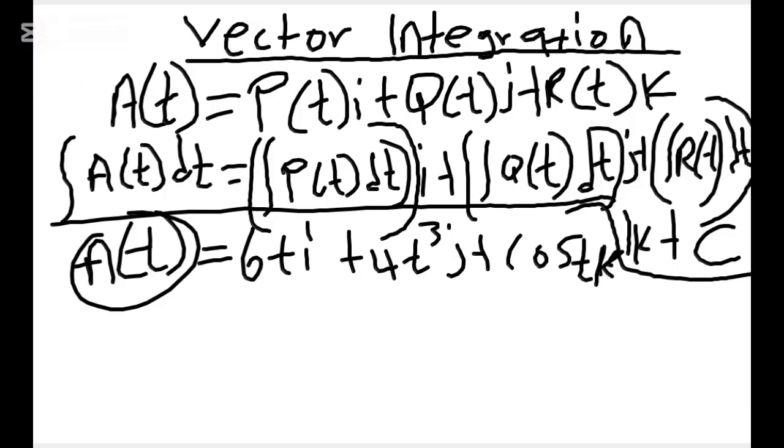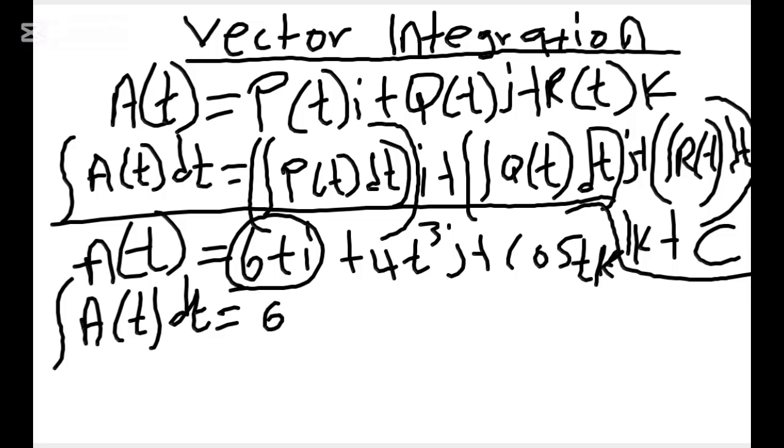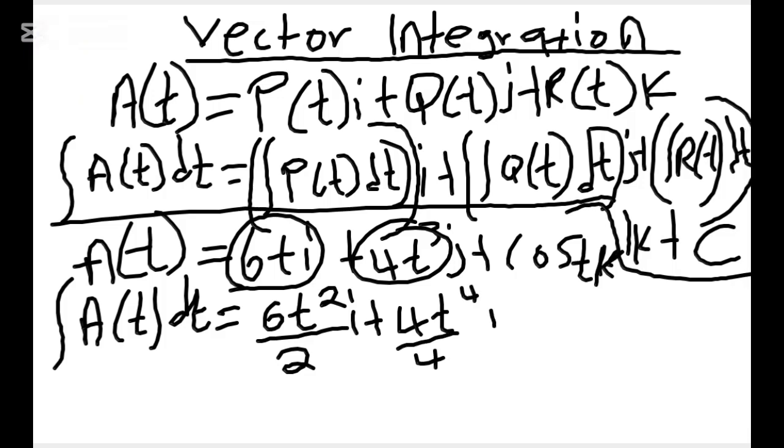We have to first integrate this by saying the integral of A of t dt. We integrate 6t, which is the same thing as 6t squared divided by 2, for i, plus 4t raised to the power of 4 divided by 4, for j.